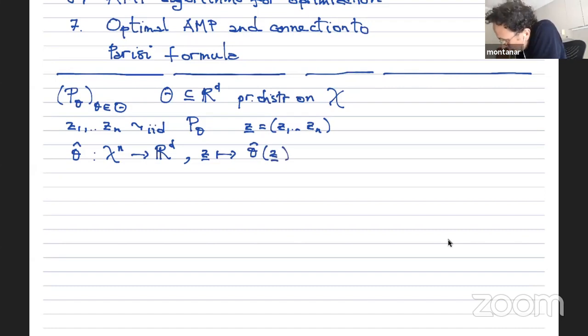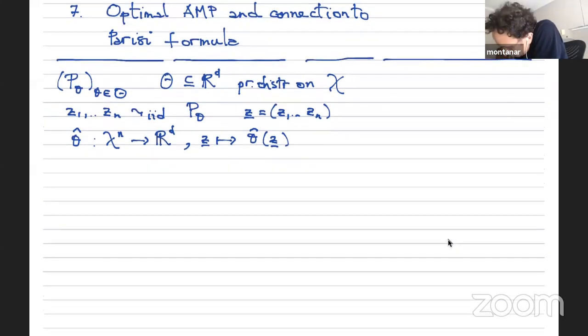And how do I measure the quality of an estimator? What is my goal? I typically measure it by computing a risk function. This depends on the function theta hat and on the true value of the parameter, which I call theta 0 to emphasize that it is the true value.